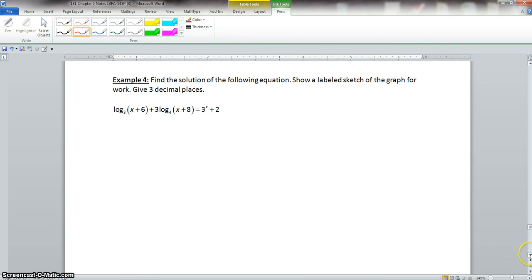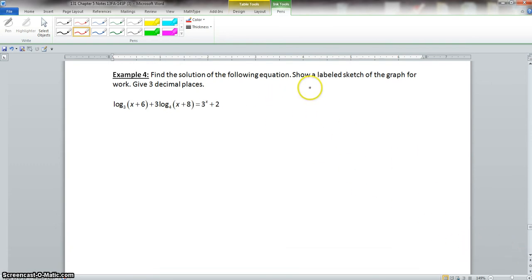Now we scroll down here to example 4. It says find the solution of the following equation. Show a labeled sketch of the graph for work. Give 3 decimal places. Okay, now just like we did in section 5.4, we need to take this value here and set this in y1 in our calculator, and this would be y2, and we would graph both of these here.